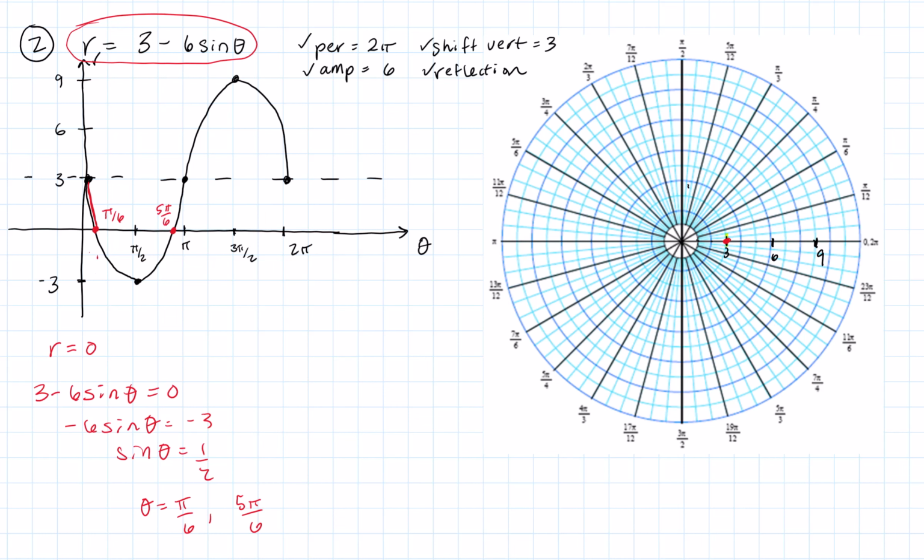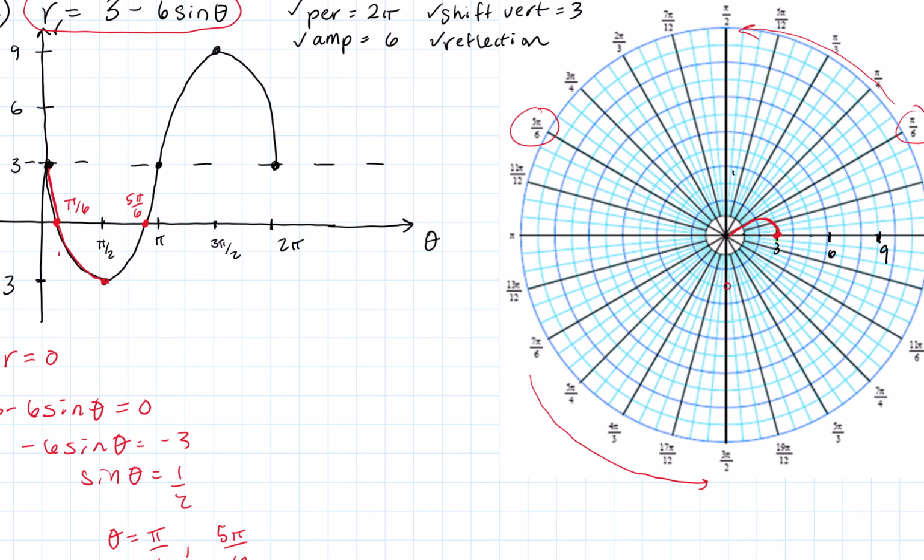By the time I get to pi over 2, I'm going to be at negative 3, which would be plotted down here through the origin, and my radiuses in size are going back out to that radius of 3. So the radiuses in size are getting larger, but they were reflected, which is why we're plotting down here in the third quadrant.